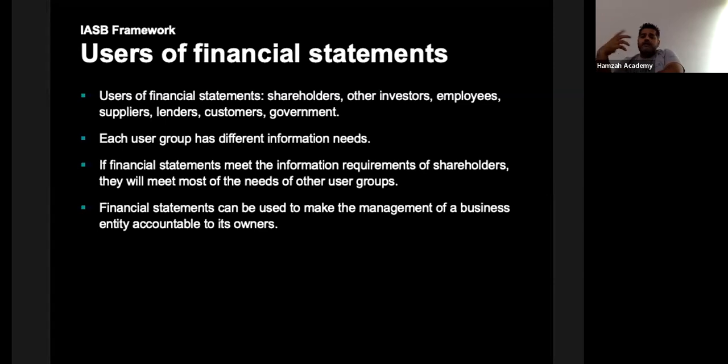Every different user has a different requirement of information. For example, the shareholder is more interested in the profits, and the lender is more interested in the interest coverage and the ratios. So the IASB framework suggests that if the financial statements meet the information needs of the shareholders, they will also meet most of the information requirements of the other user groups as well.